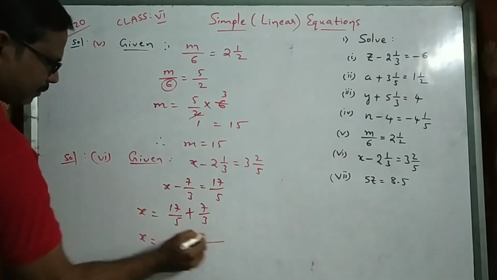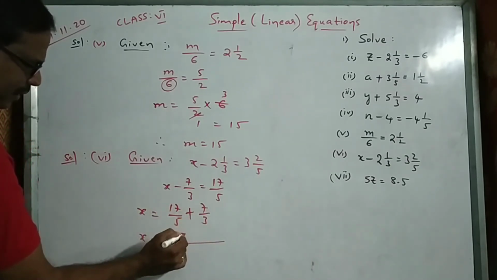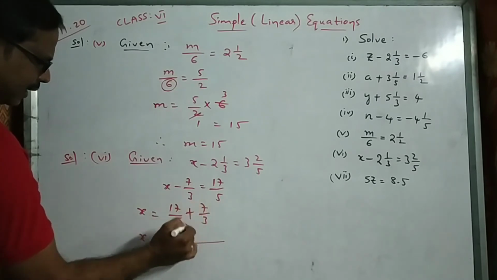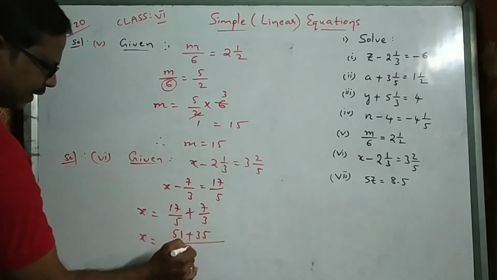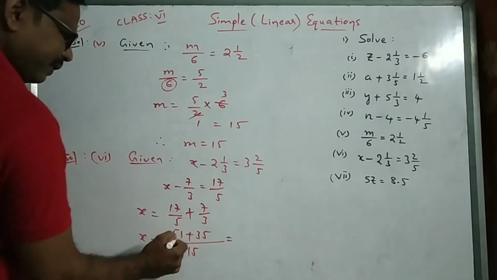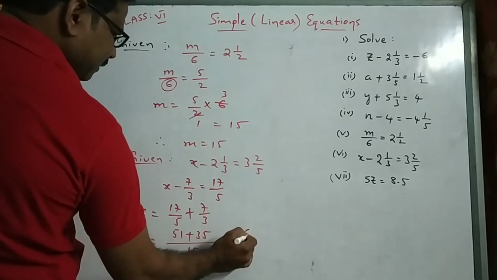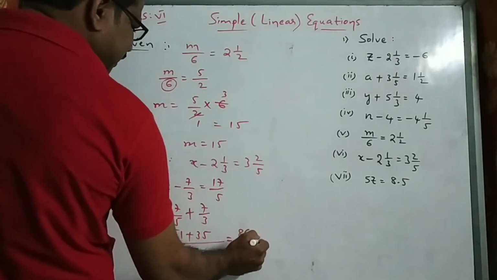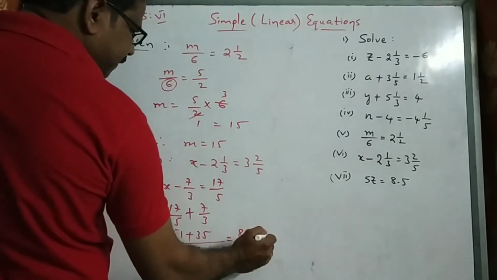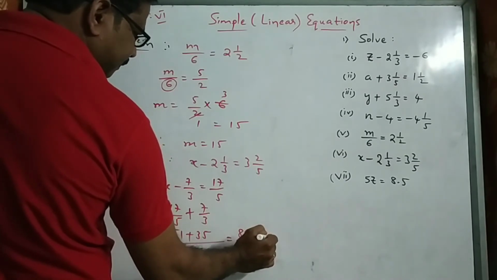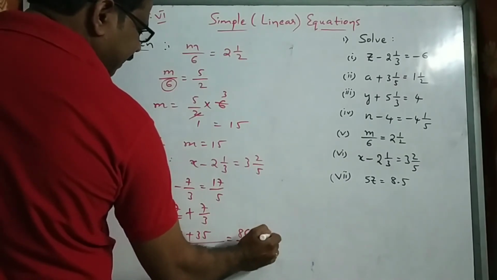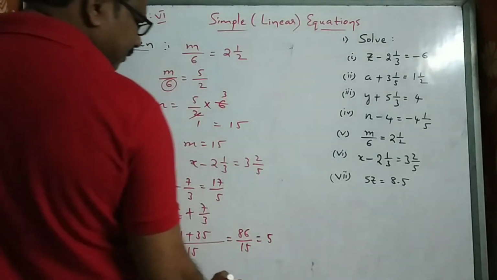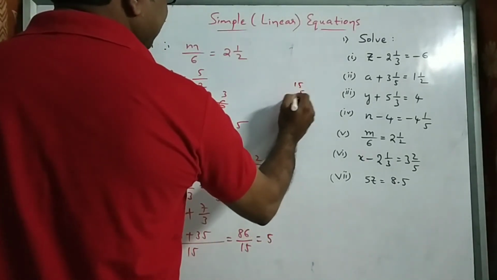So take LCM. 17 3s how much here? 51. 3 7 5s are 35, 3 5s are 15. So we will get here 86 upon 15. Right? We can change it into a mixed fraction. 15 5s are how much? 75.